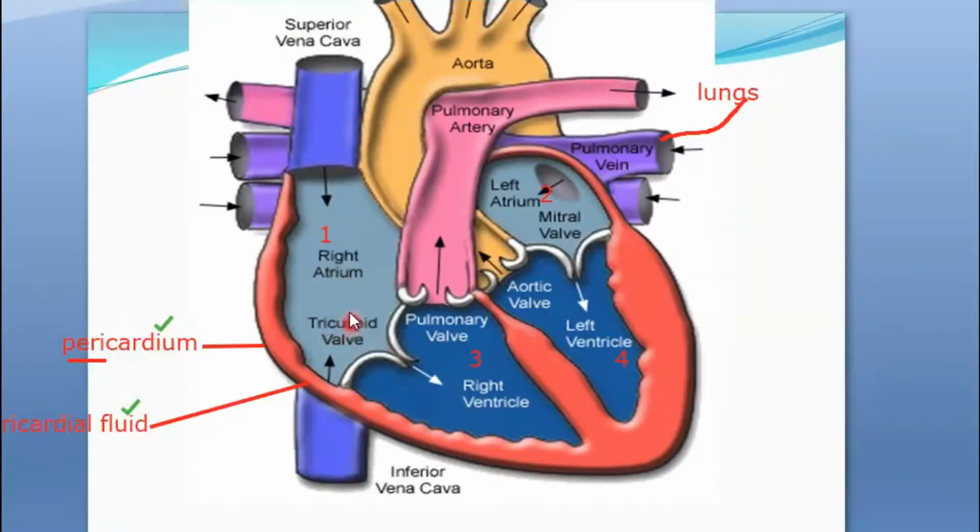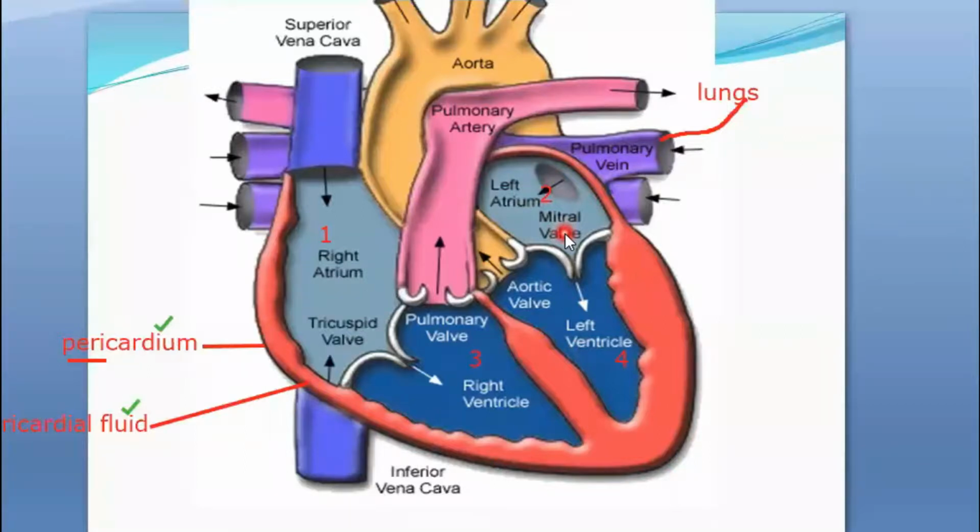Once the blood moves from right atrium to the right ventricle, that tricuspid valve closes so that there is no backward flow. Then, once the blood moves from left atrium to the left ventricle, here bicuspid valve is there.